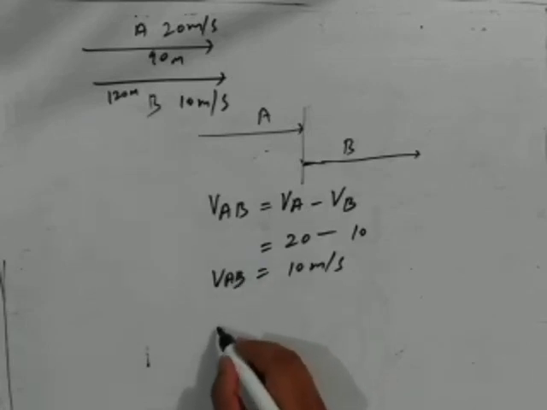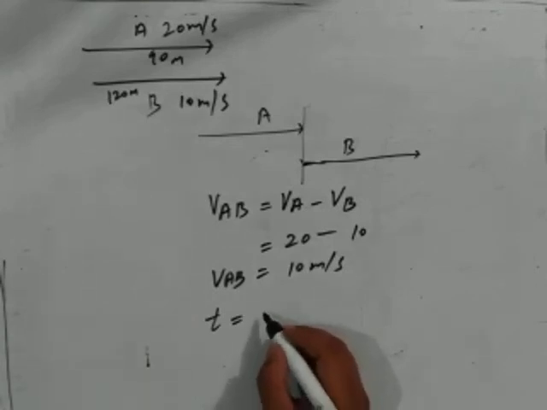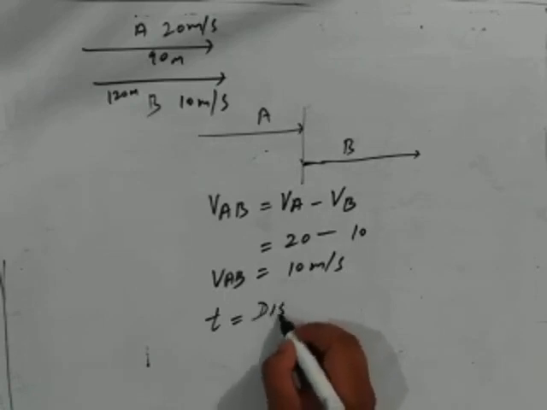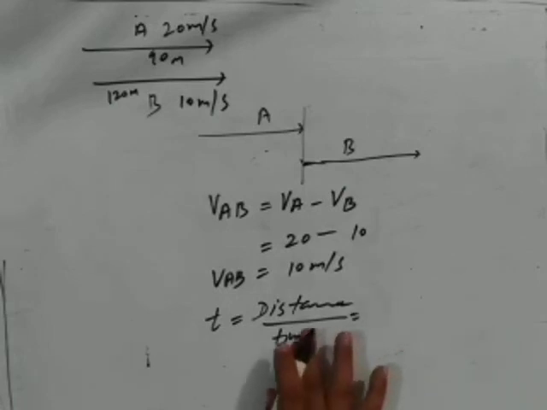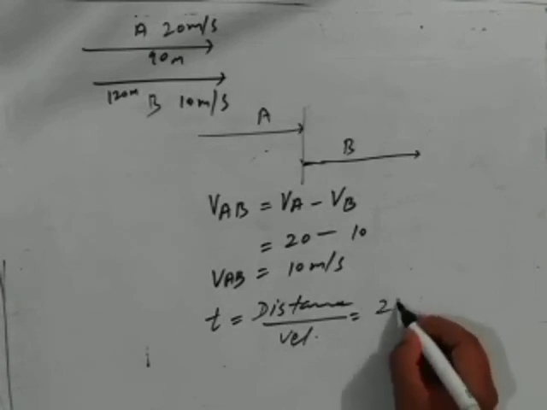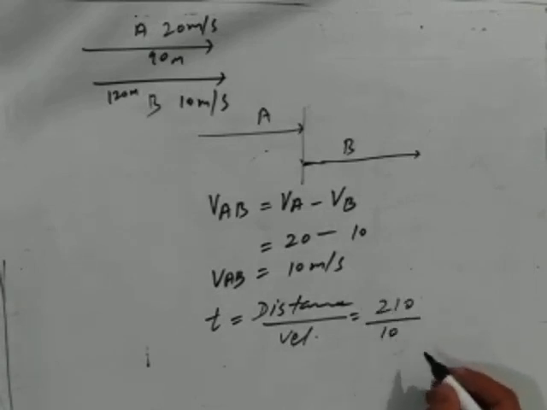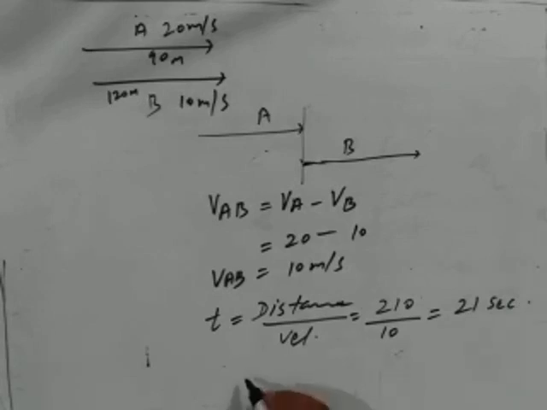So the time taken to overtake the train will be distance upon relative velocity. So time taken to overtake will be 21 seconds.